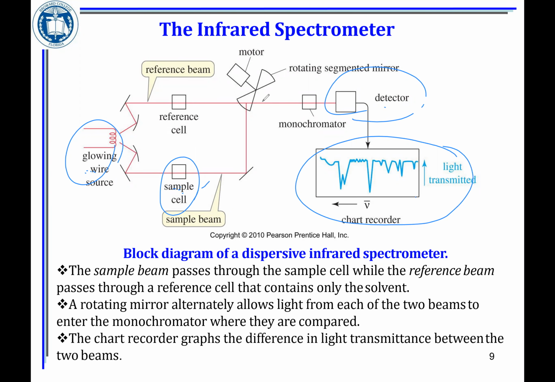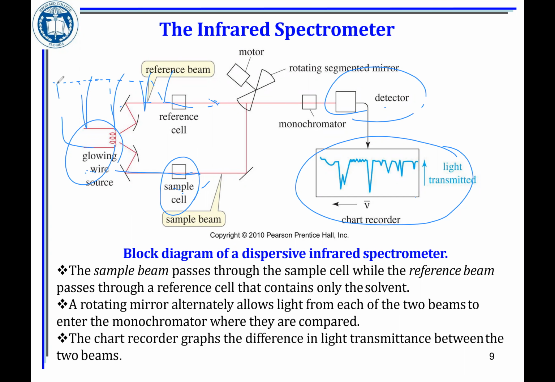The mechanism could be different from one machine to another. The way that most IR machines are designed, they divide the light into two halves. One part of the light goes through the sample. The other half goes through as a reference. Then the two are compared. It's going to say, okay, the reference light was going straight, but the light that went through the sample dropped in this area, dropped here, dropped here.